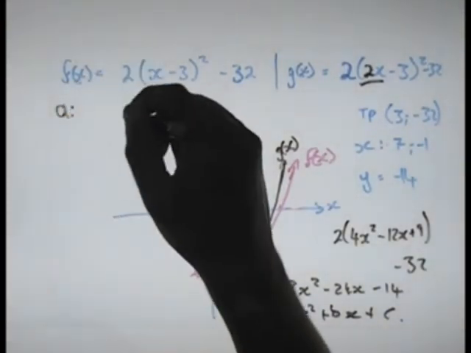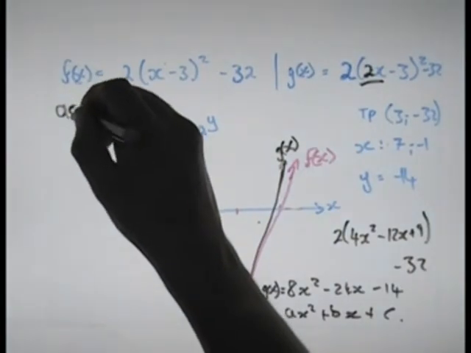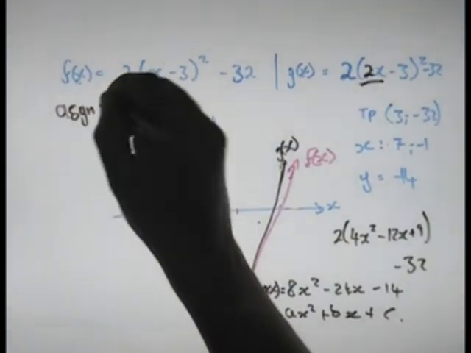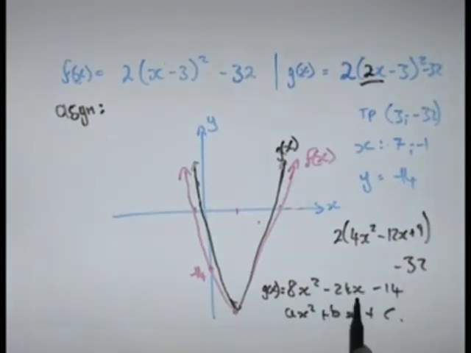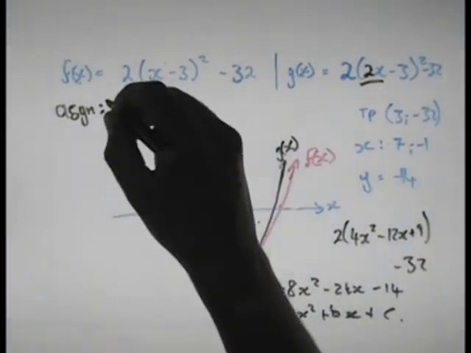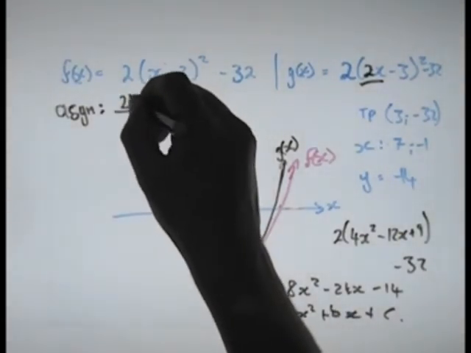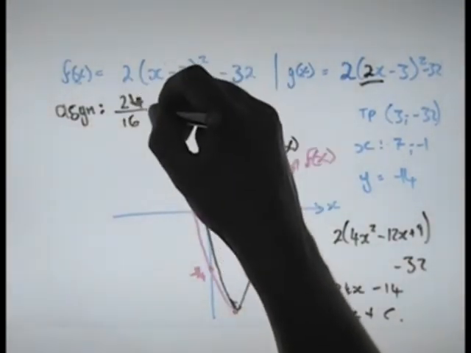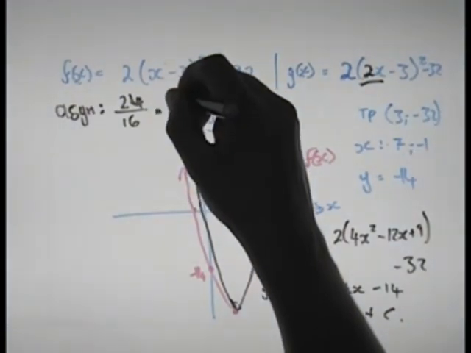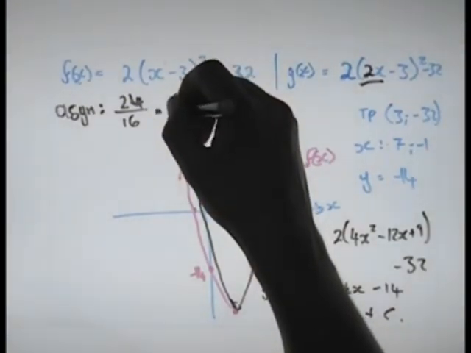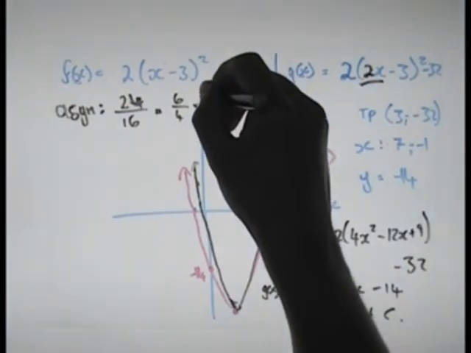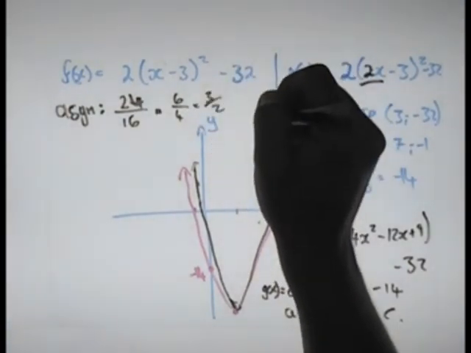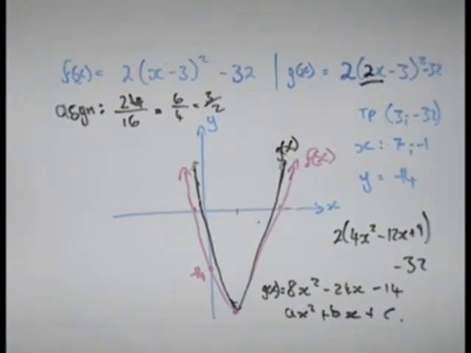Our axis of symmetry is given by minus b over 2a, which is minus minus 24, which is positive 24, over 2 times a, which is 2 times 8, which is 16. 24 over 16 can be simplified to 6 over 4, which can further be simplified to 3 over 2.